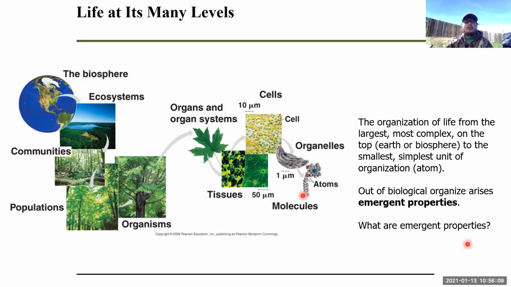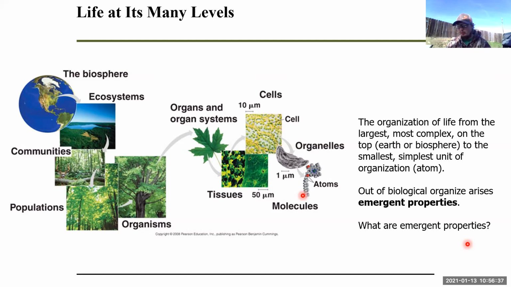Okay, so those are the characteristics and properties that we use to classify organisms as being alive. Whenever we have an organism that's classified as living, we can then divide life into different levels of organization.